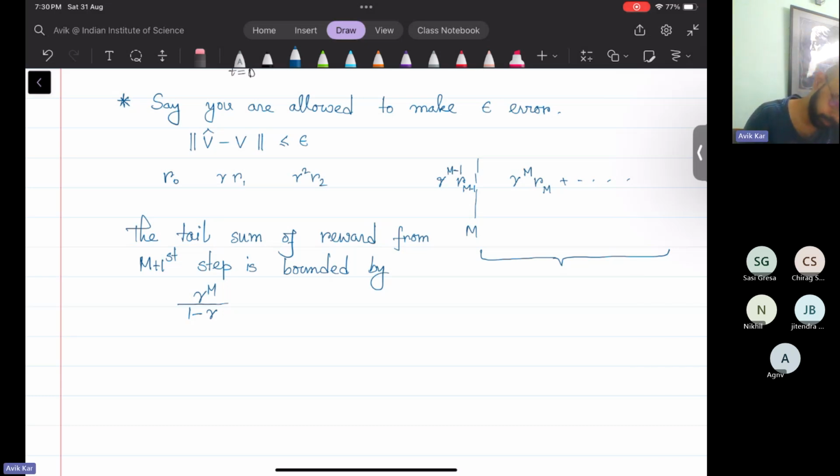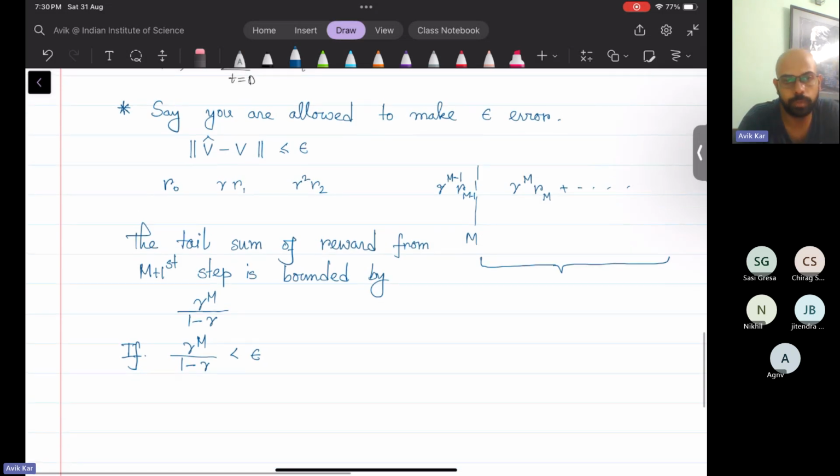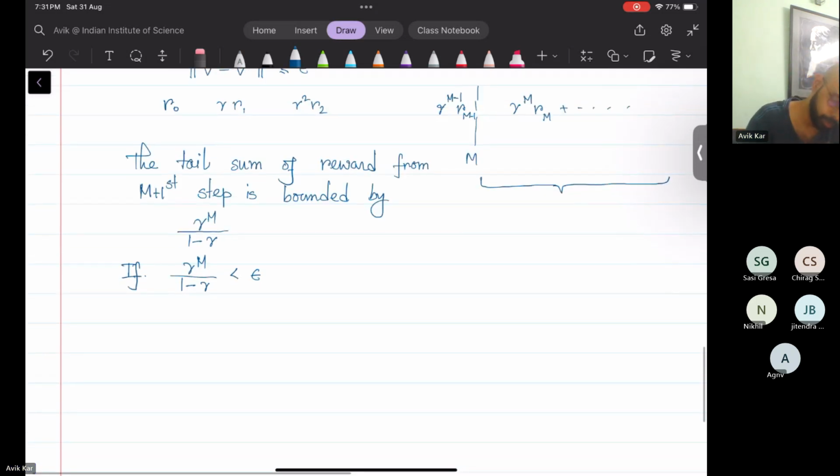If this amount is less than epsilon, then you are okay, right? Then if you estimate the rest accurately, you will be inside the epsilon margin of error. Then the error would be acceptable.